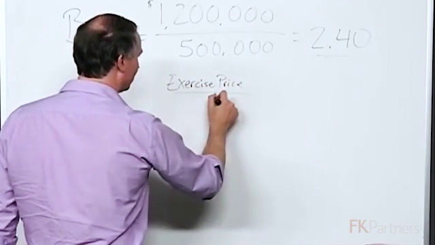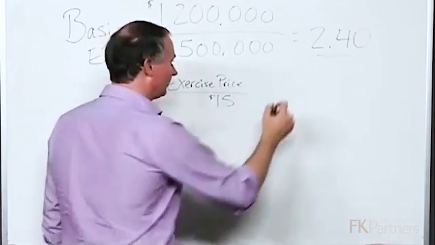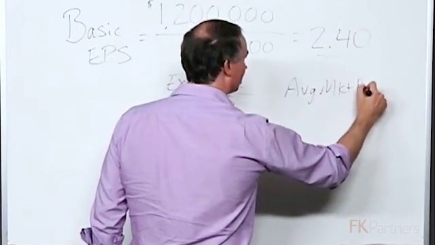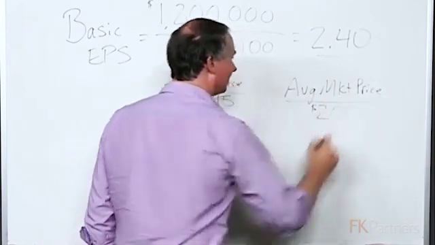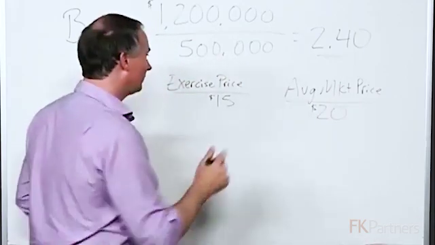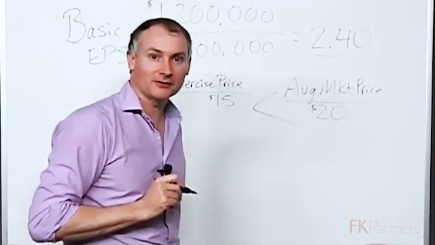Now, as we saw, there are 100,000 options outstanding, and you have an exercise price on the options of $15. In addition, we saw that there's an average market price for the actual shares of stock of $20, meaning that the exercise price for the options is less than the average market price.